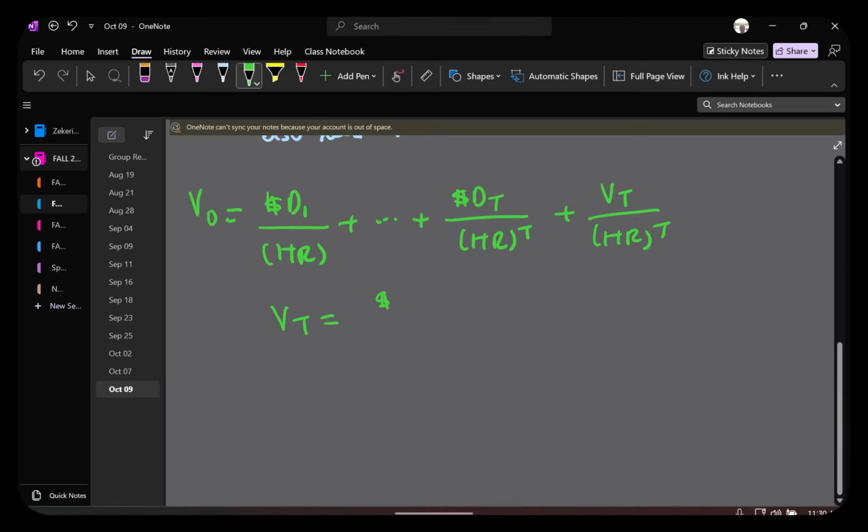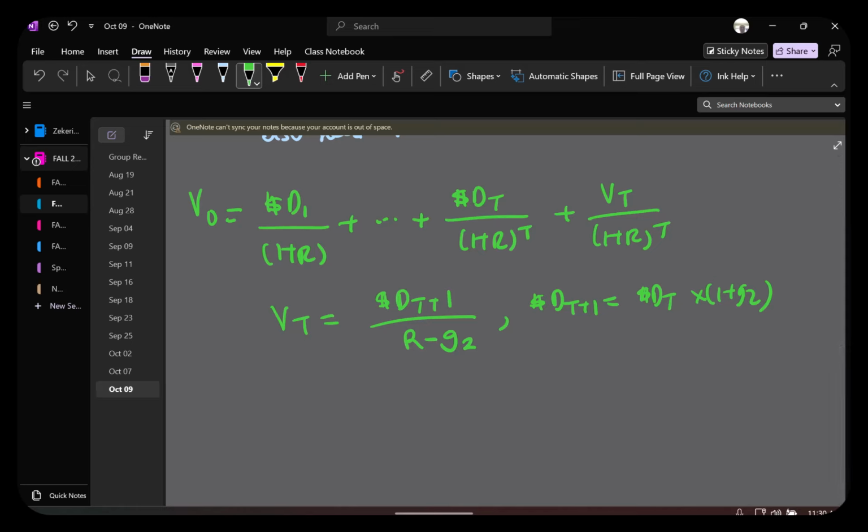And DT is DT plus 1 over R minus G2. And DT plus 1 equals DT times 1 plus G2. So I need the flexibility to be able to calculate all the present values, add them up, figure out, let's say T is 10, figure out 11th dividend, given 11th dividend, get the terminal value.